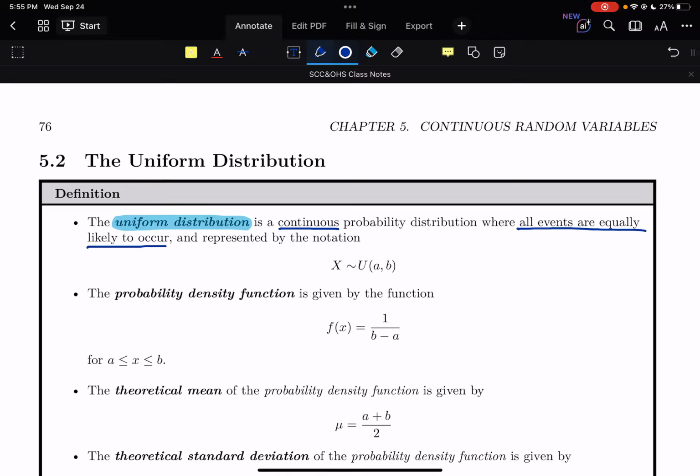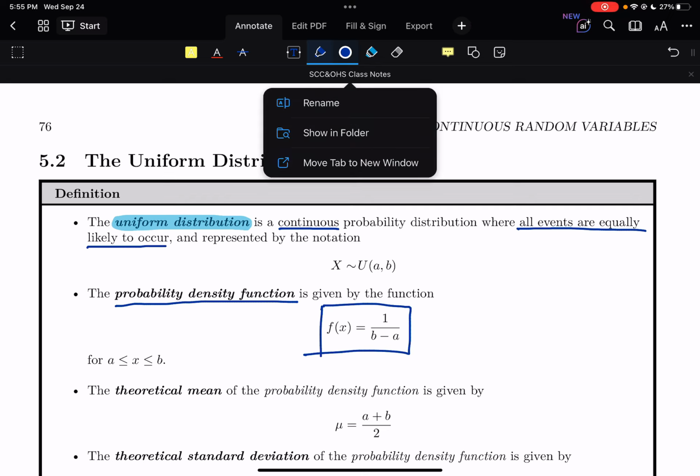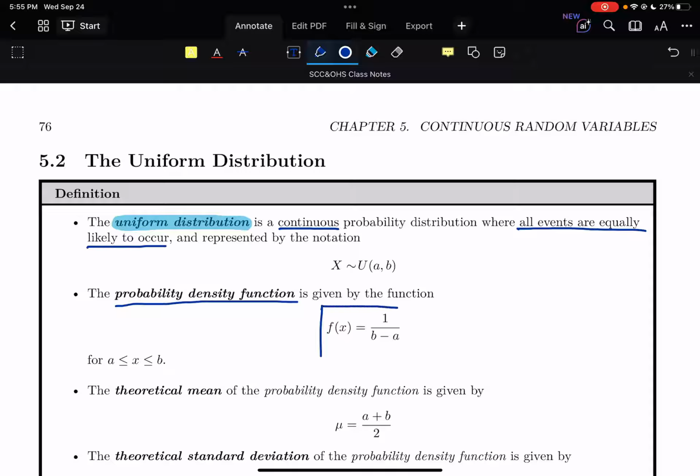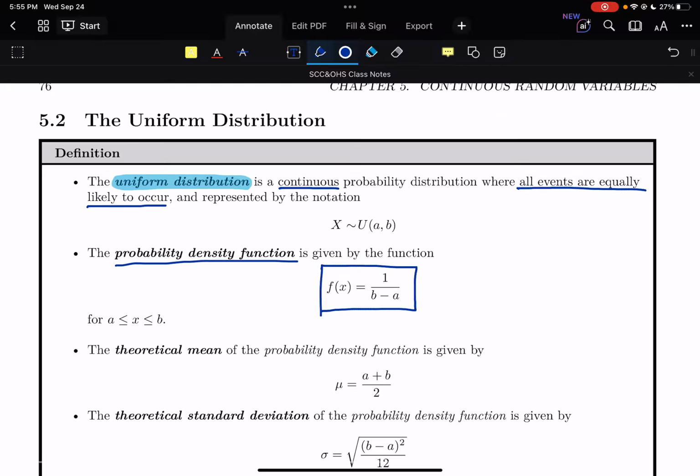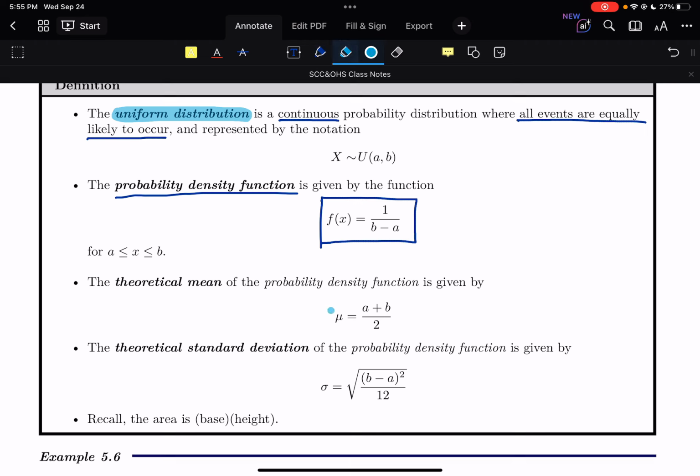So if we want to find the probability density function, that PDF, we're going to use 1 over b minus a. So 1 over b minus a gives us the height of this probability density function, and that's with x going from a to b. Using the uniform distribution, we can calculate things like mean and standard deviation.